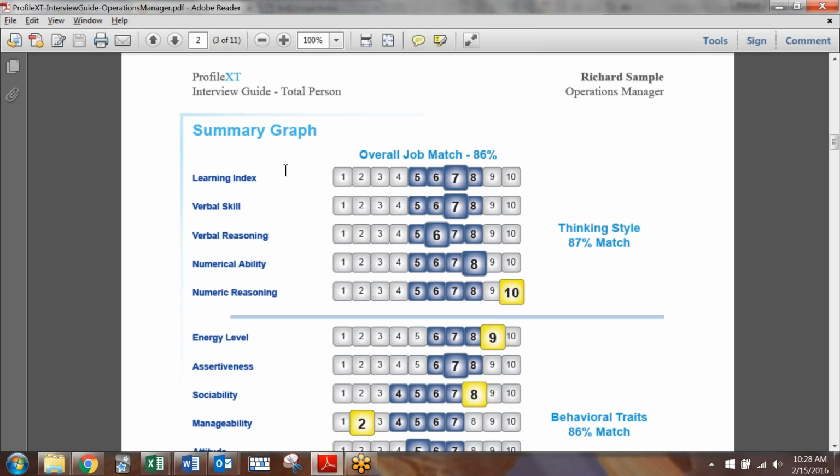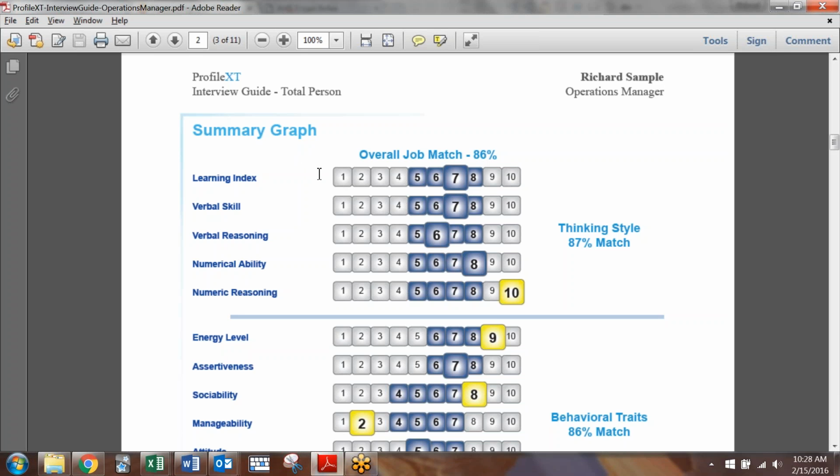Similarly, verbal reasoning is a person's use of words. When you're taking the assessment, there are questions that get at not just the straight definition of the word, but how it's used in context. So this person again has a score that indicates they're above average and probably very capable of communicating with others.